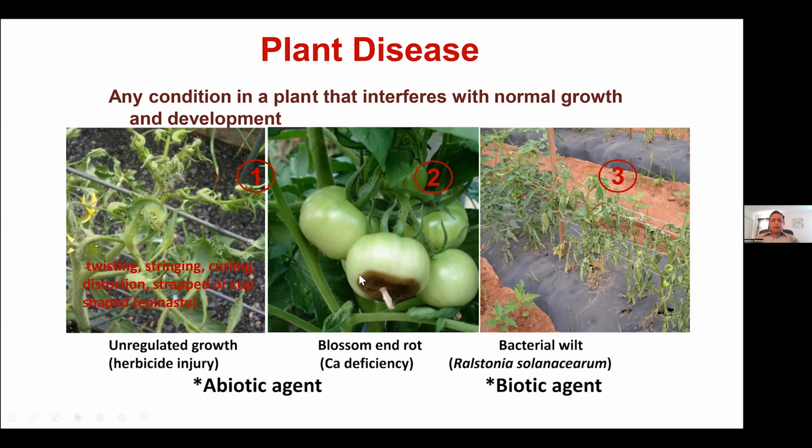And in the middle one, blossom end rot is caused by calcium deficiency, calcium being an essential plant nutrient. Calcium deficiency is more commonly seen on plants, especially on fruits, for many different reasons.